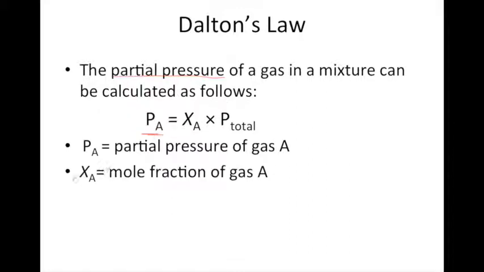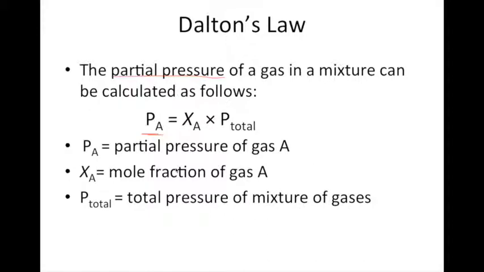X_A, or chi A, is the mole fraction of gas A. We'll explain that more in just a minute. And P_total is the total pressure of the mixture of gases. So we can calculate the partial pressure of a gas by taking the mole fraction of that gas times the total pressure of the mixture.